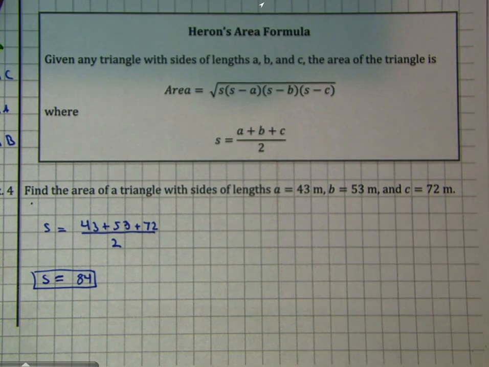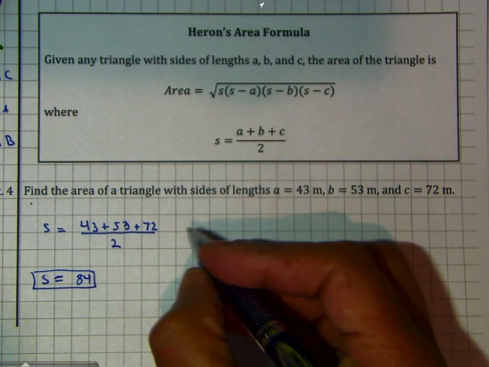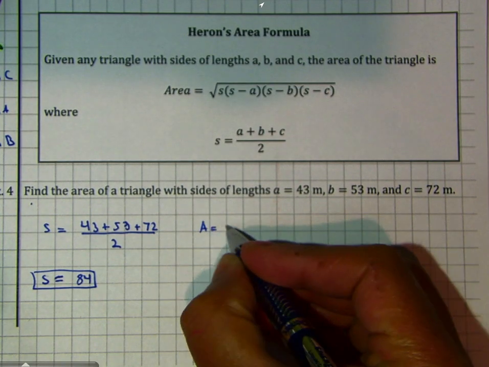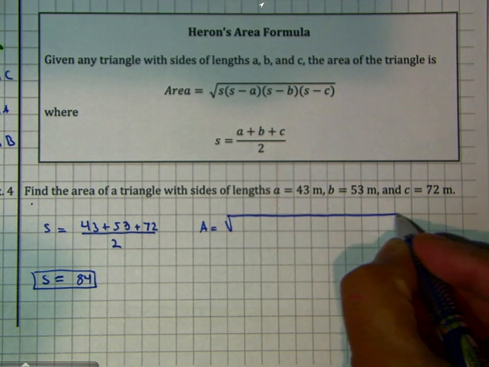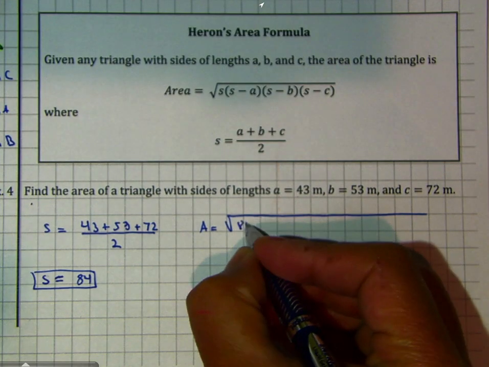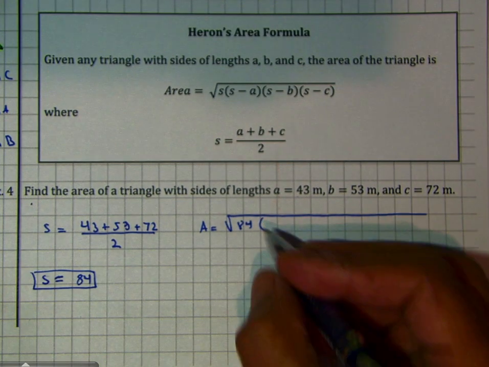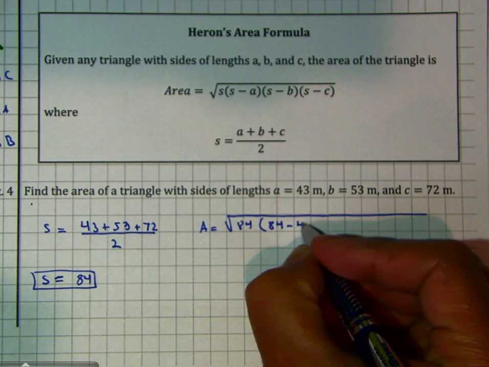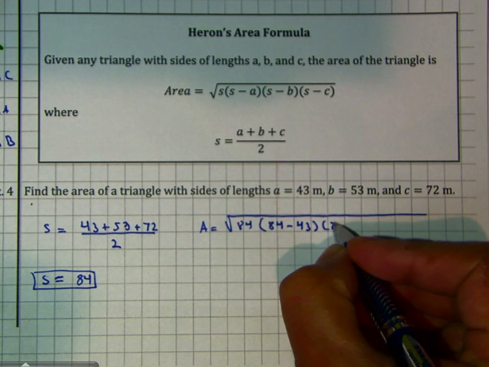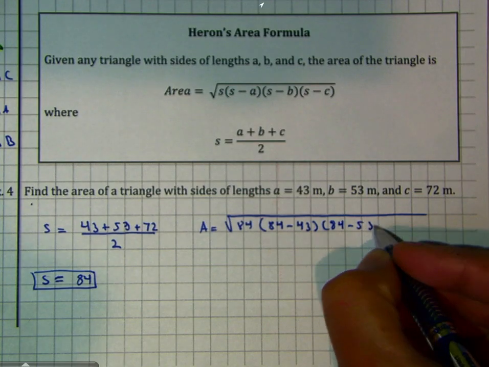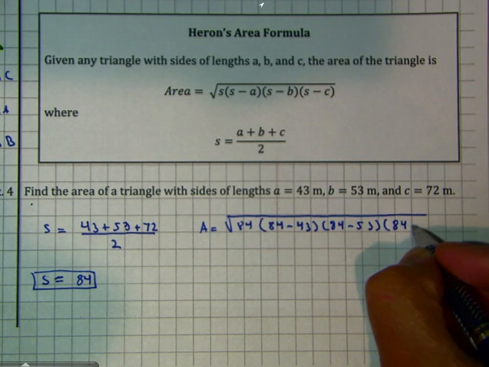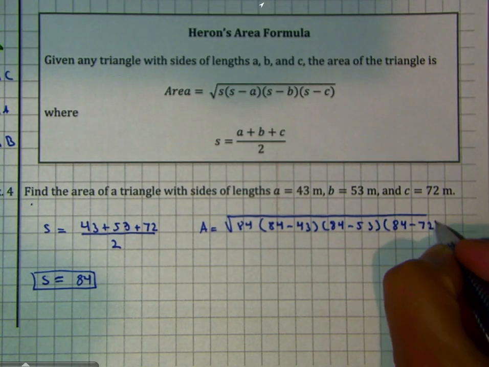So your area is equal to the square root of S, which is 84, and then S minus each of the sides. So it'll be 84 minus the first side, which is 43, 84 minus the second one, which is 53, and 84 minus the third one, which is 72.